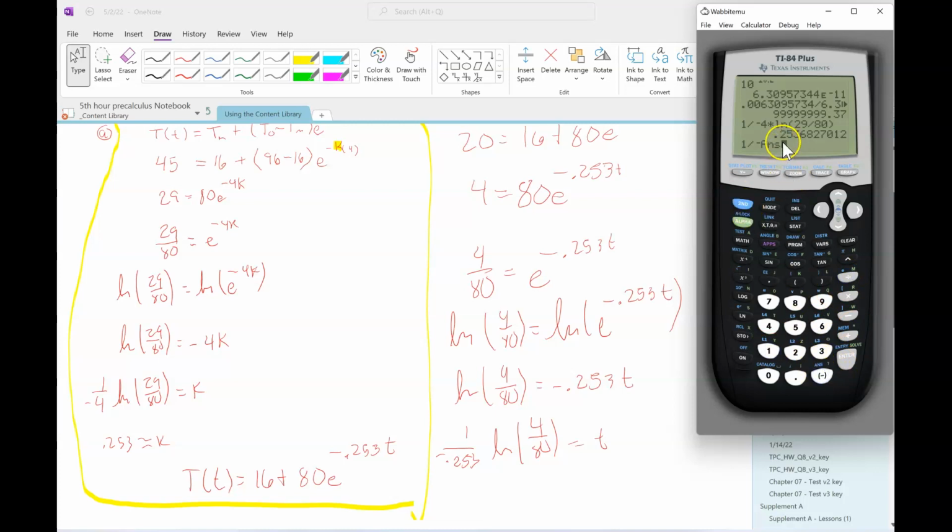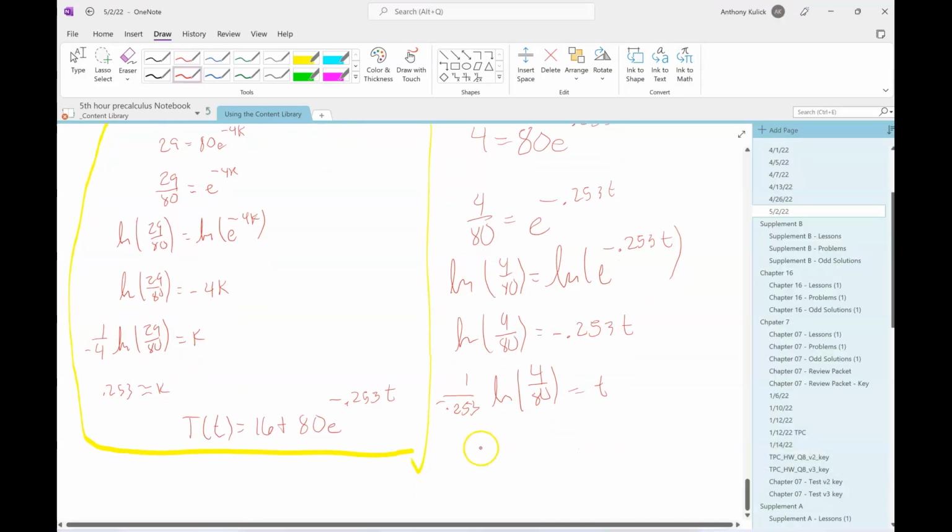And I'm going to use the ANS command here so I get a super accurate answer. I'm going to use the entire decimal for my previous answer. And I get about 11.81 minutes.